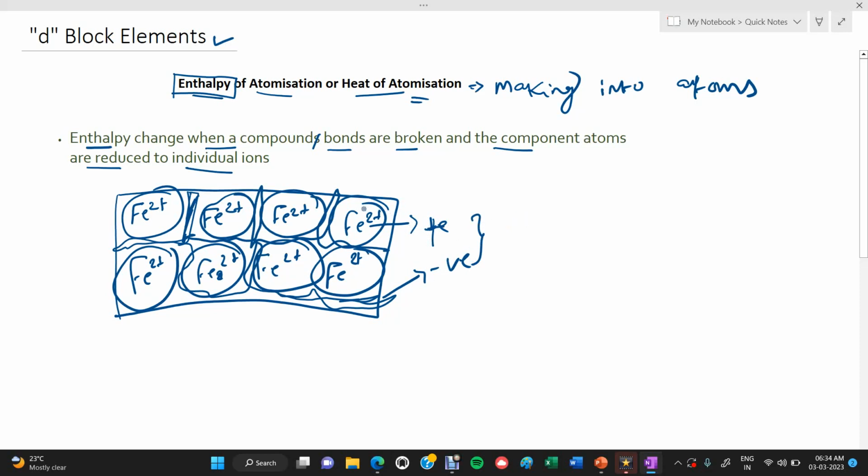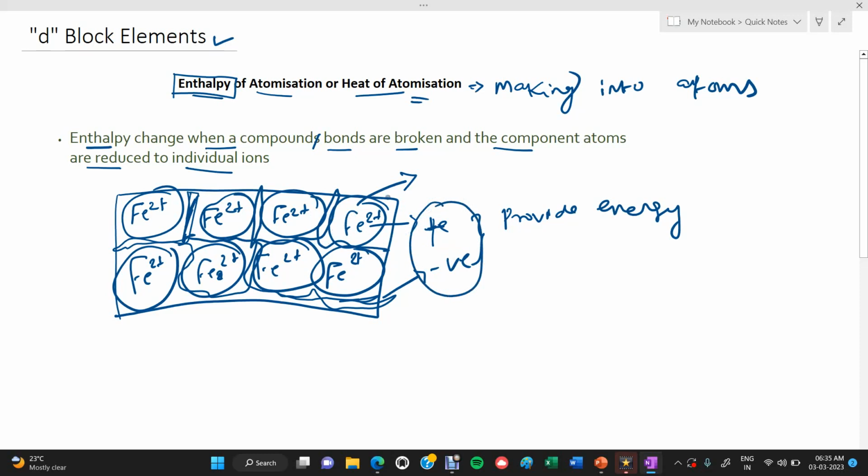So if I have to take this iron atom out, what do I have to do? I have to provide energy enough to break the force of attraction between these positive and negative charges, right?